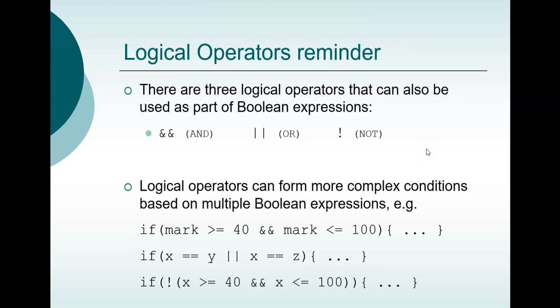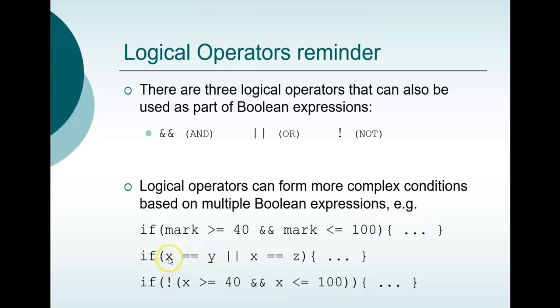Okay, we can also use the three basic logical operators as part of the Boolean expression. So we have the AND, we have the OR, and we have the NOT. For example, we can say if mark is greater than or equal to 40 and mark is less than or equal to 100, it means both conditions must be true to execute this.